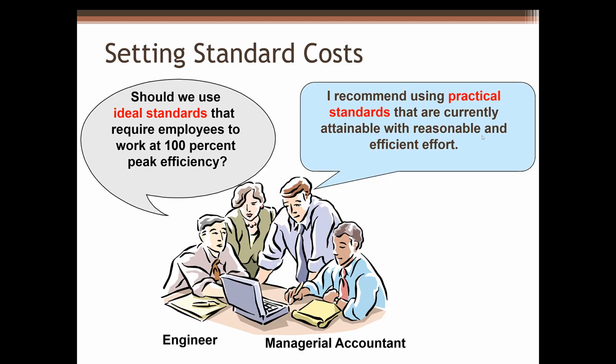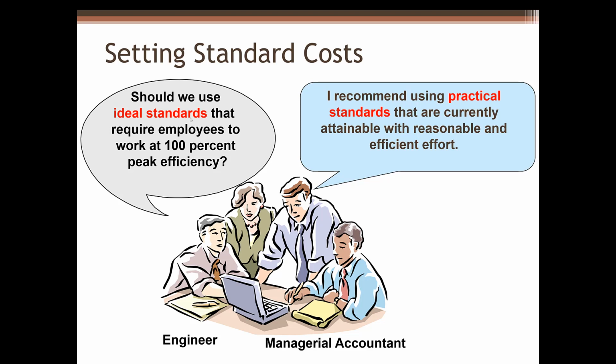Generally speaking, there are two categories of standards. First, ideal standards. Ideal standards can only be attained under the best of circumstances. They allow for no work interruptions, and they require employees to work at 100% peak efficiency all of the time. Second, practical standards.